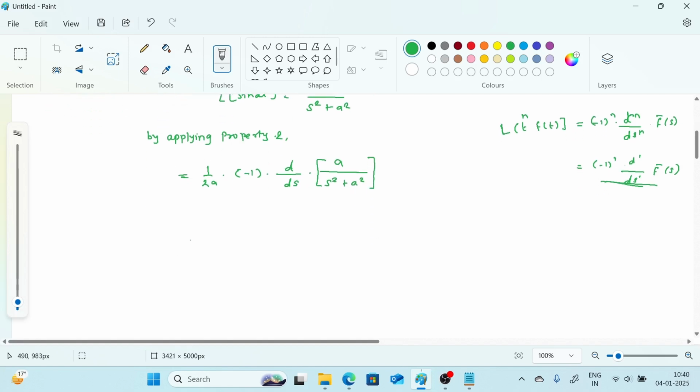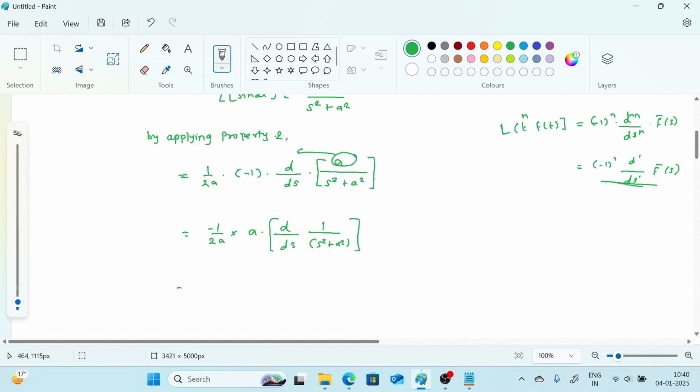Now what can I do? 1 upon 2a into minus will be minus 1 upon 2a into, I will take the a term outside because it's a constant, so a into d by ds of 1 upon s square plus a square.